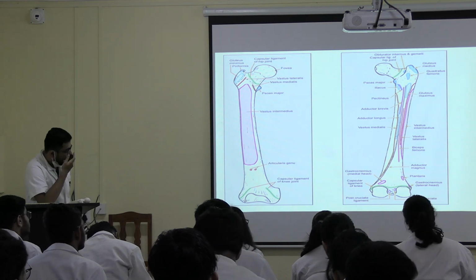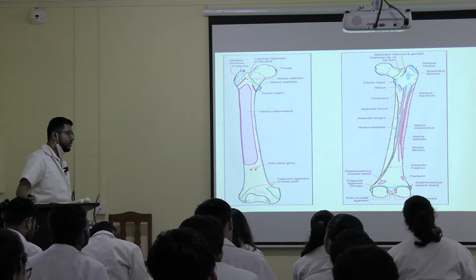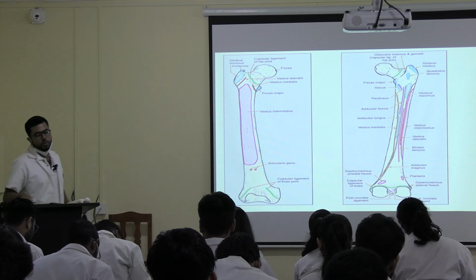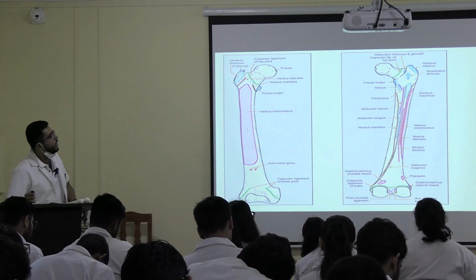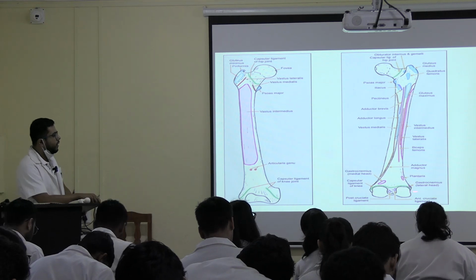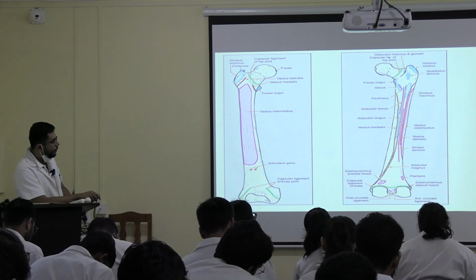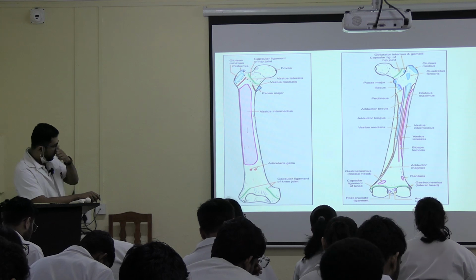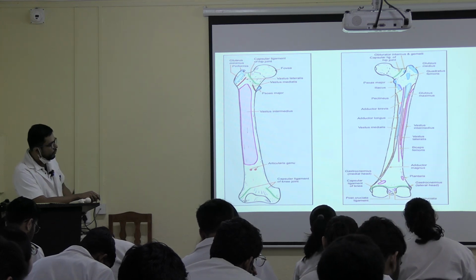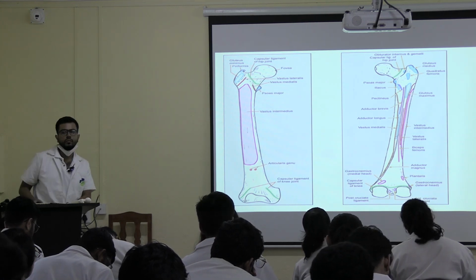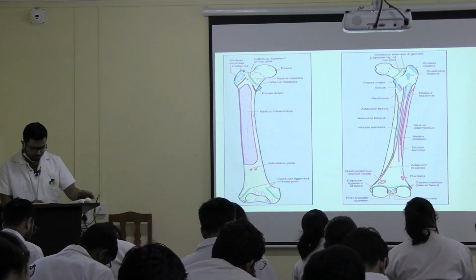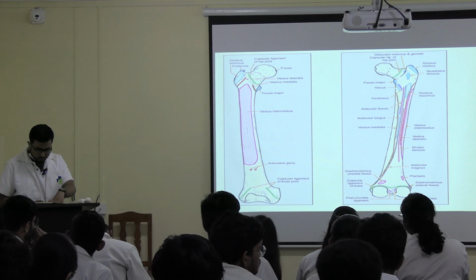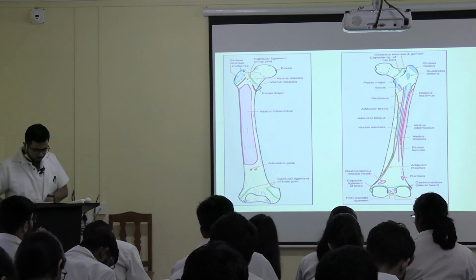I am telling again: adductor brevis is attached on the posterior aspect of the shaft between pectineus and adductor magnus, and on the upper part of linea aspera. The next muscle is adductor magnus only.